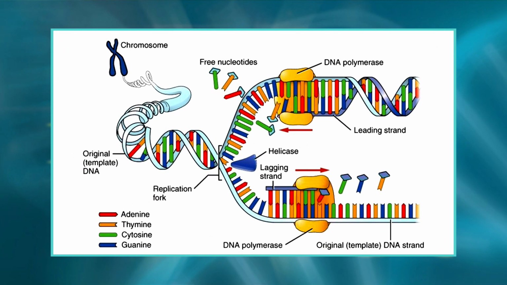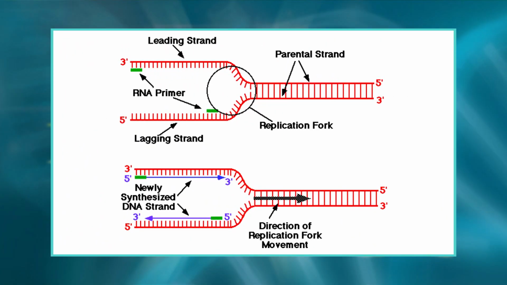The replication fork is the site of active DNA synthesis, where the DNA helix unwinds and single strands of the DNA replicate. Several sites of origin represent the replication forks. The replication fork is formed during DNA strand unwinding by the helicase enzyme, which exposes the origin of replication. A short RNA primer is synthesized by primase and elongation is done by DNA polymerase.